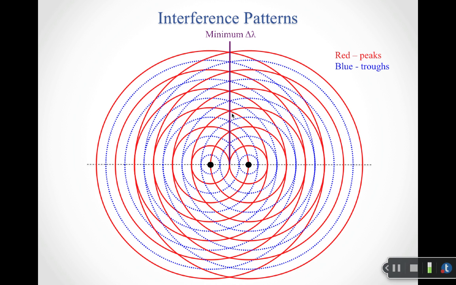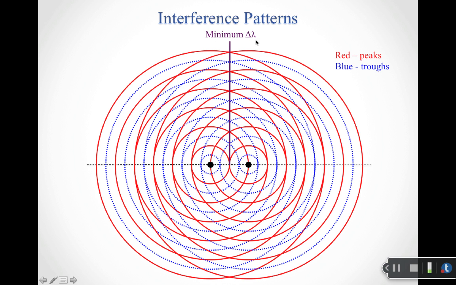So this line down the middle of our pattern happens to be the minimum path difference we ever have, because here the path difference is 0. This center point in our pattern will always be a point of constructive interference.